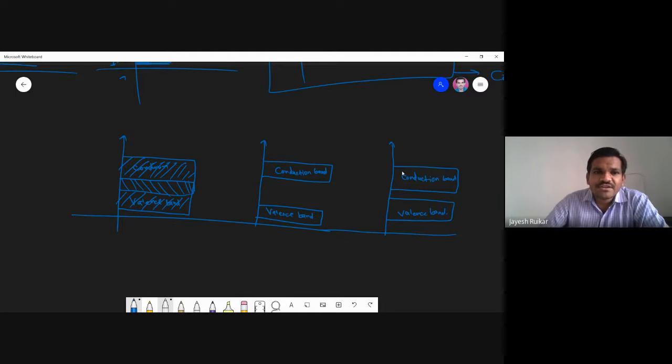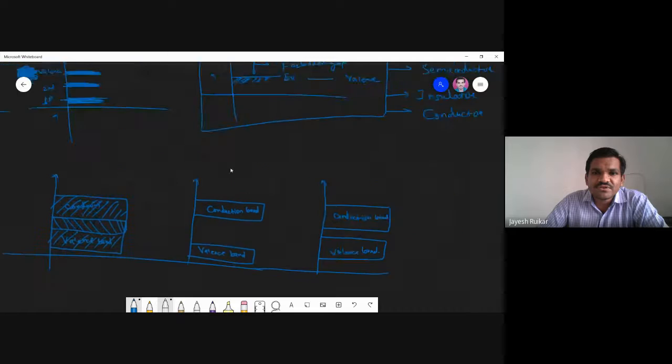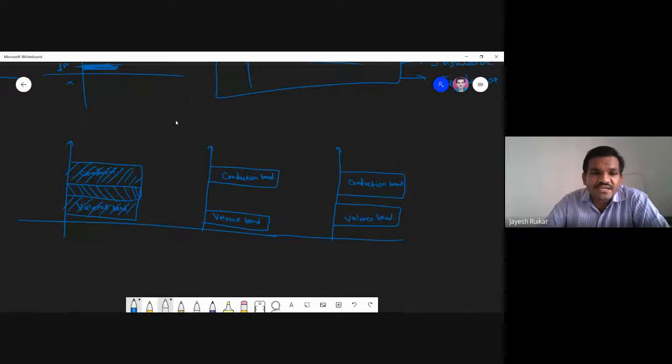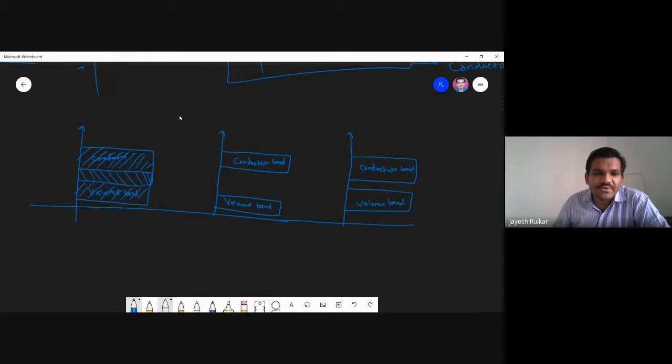Now I'm talking about this particular thing, the forbidden gap. If there is no forbidden gap in this case, and in this case you can say there is a large forbidden gap.